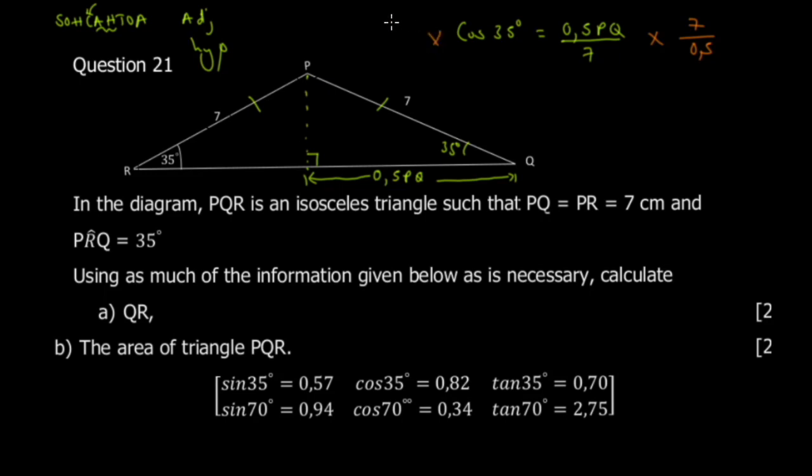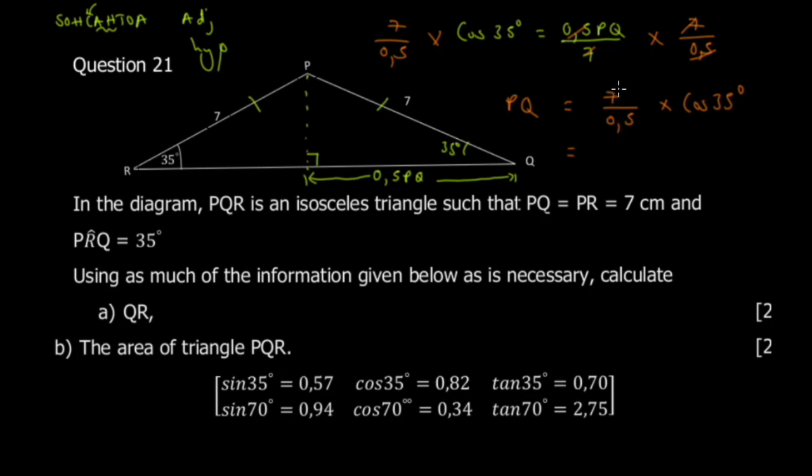So you do this to both sides, 7 over 0.5 like this. These cancel, and you're left with PQ. So PQ is equal to 7 over 0.5 multiplied by cosine of 35 degrees. Here there are two ways to go about it. You can recognize that dividing by 0.5 simply means multiplying by 2.